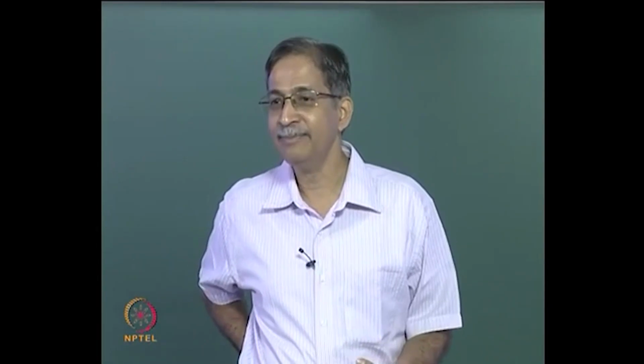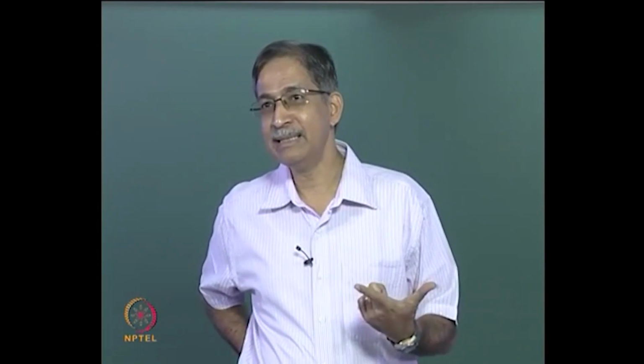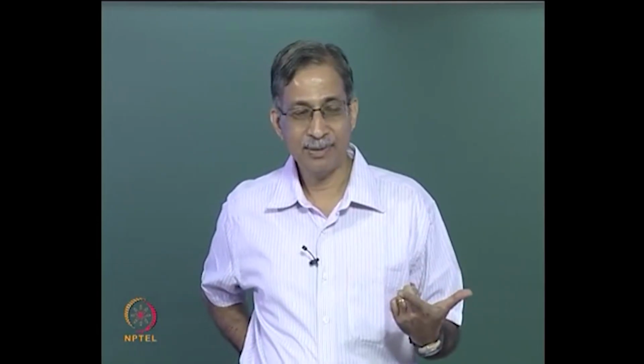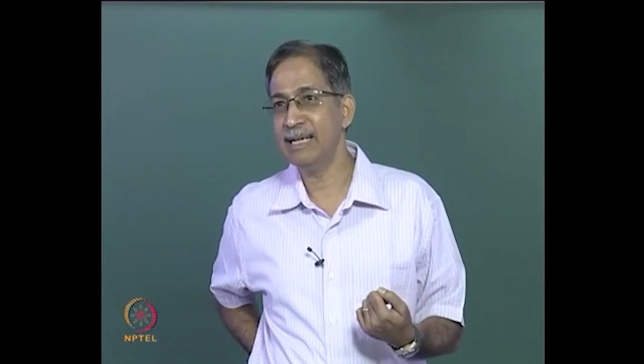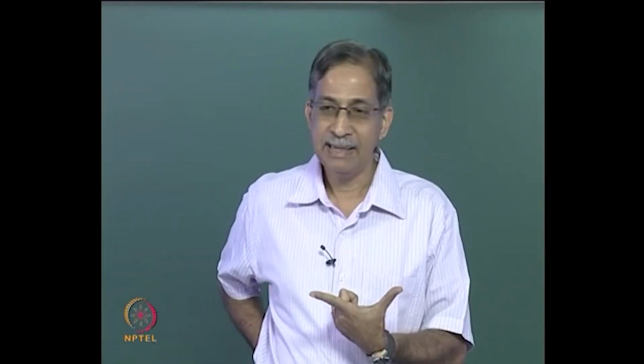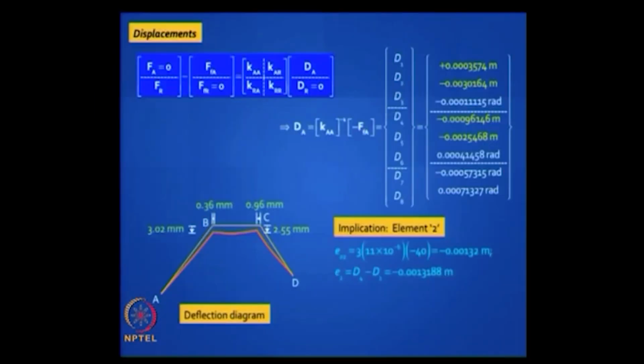E naught 2 was 1.32 mm, and if you want to find the final elongation, you can get it from d4 minus d1, because d4 is the horizontal deflection at C and d1 is the horizontal deflection at B, so that must be the elongation in the second element BC. It turns out to be very close to E naught 2.